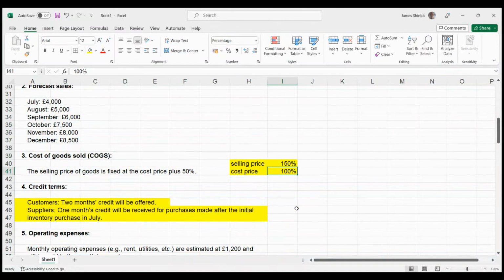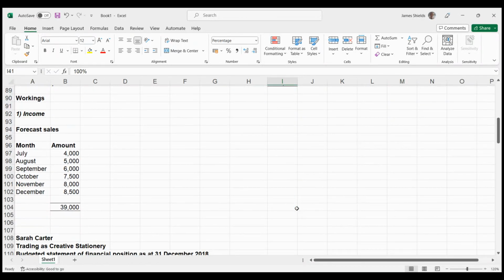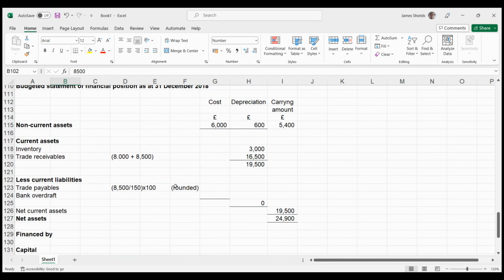So what we need to do now, we need to go to our sales figure for the end of the period, which will be December. So that's the selling price. Now we want to work out the cost price. So again, that's your 150%. So you divide by 150% and times by 100 to get the cost price. So we go down to my little solution here. There you go.